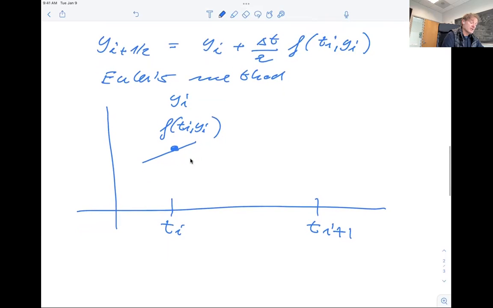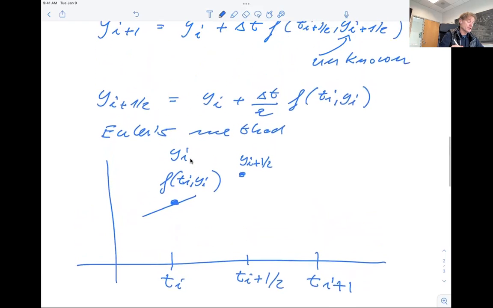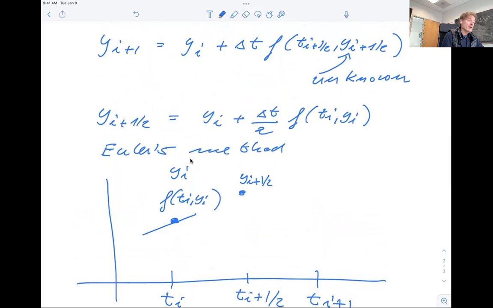Now, we are using this slope to make a prediction for the midpoint. So we are getting to the midpoint here, which is half the time step. So we use this slope here to make a prediction for this point y of i plus 1/2. Now, what we do next, if we now look at the equations, we are going to make a correction to this slope at the midpoint.